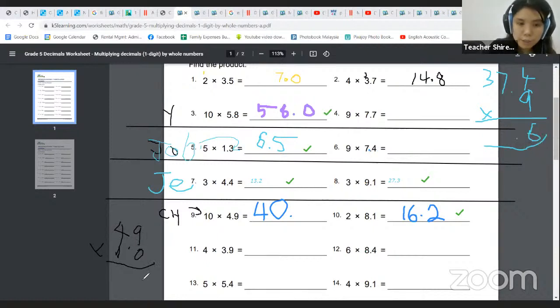Charlize, everything times 0 is 0. So 199, 144. So one decimal, it's 49.0. Got it?